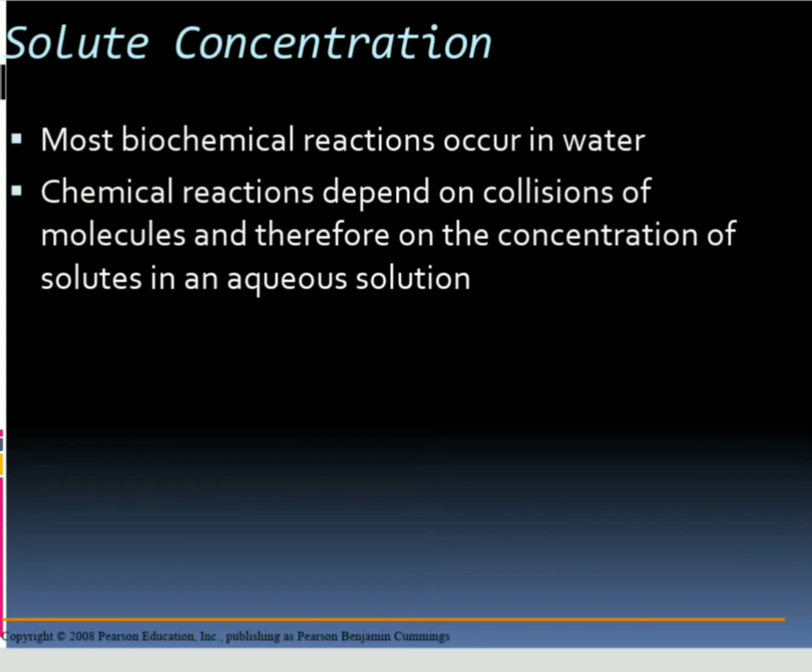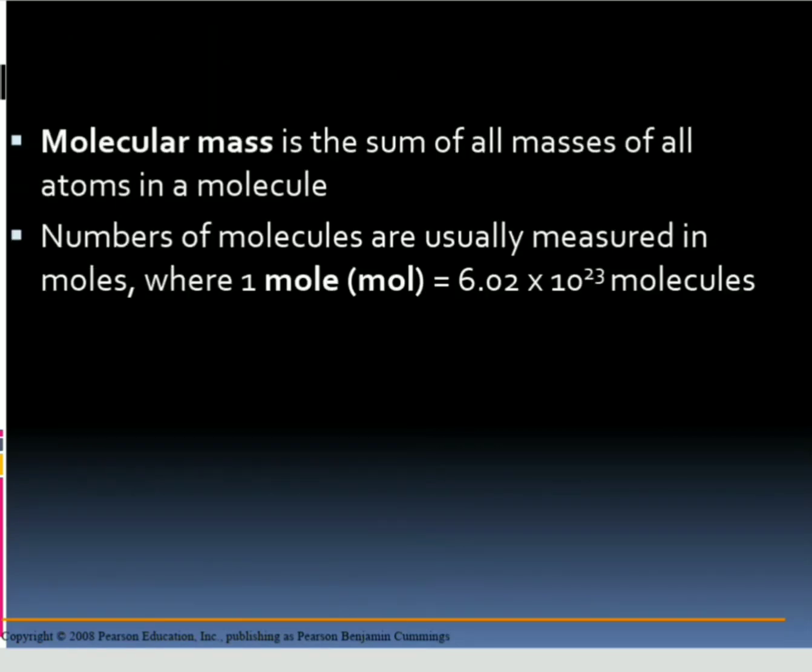Most biochemical reactions occur in water. Chemical reactions depend on collisions of the molecules, and therefore on the concentration of the solutes in an aqueous solution. Molecular mass is the sum of the masses of all atoms in a molecule.